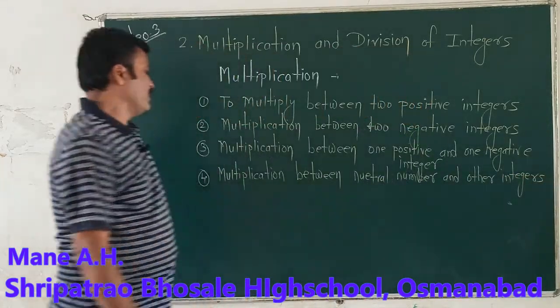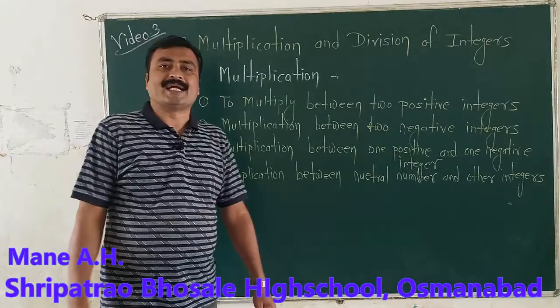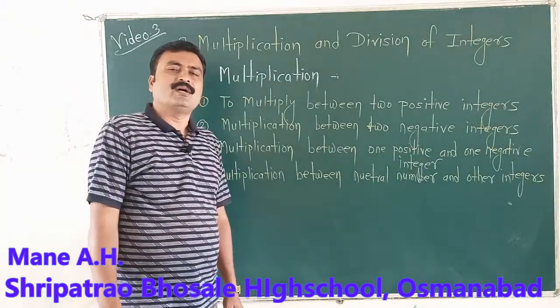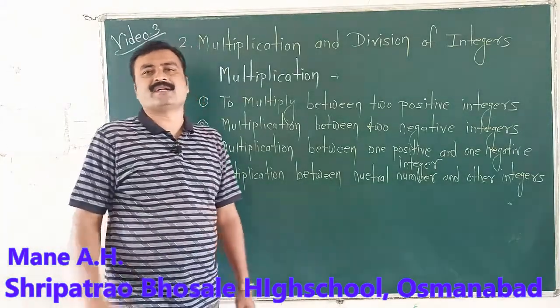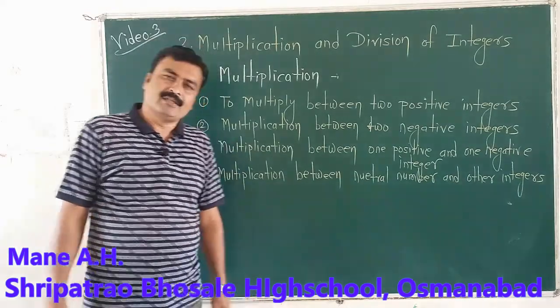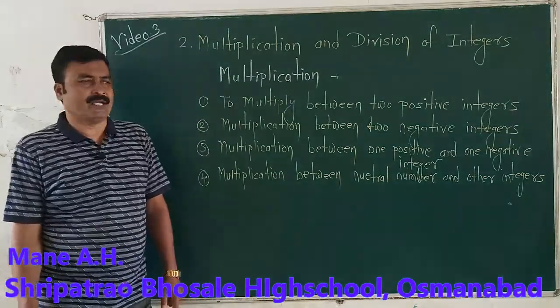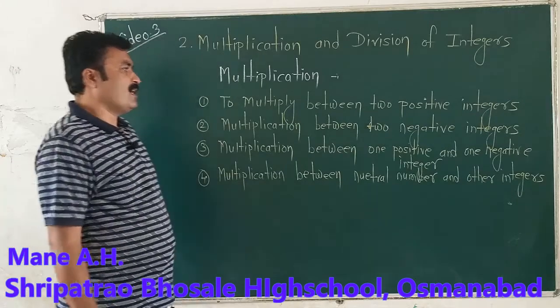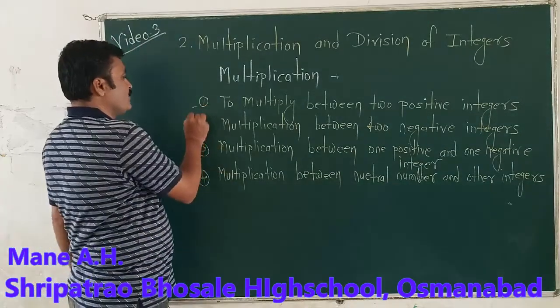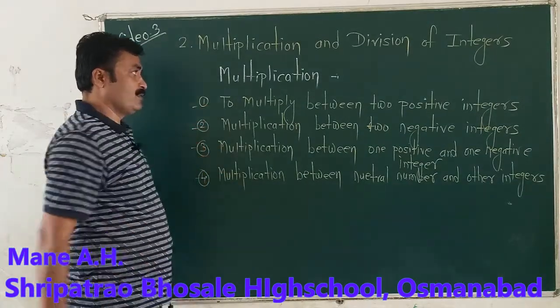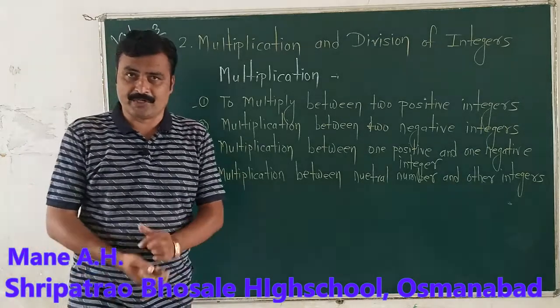Already you know about the neutral number, that is 0, and if you take other integers, that is positive and negative, then we also make multiplication there. So these are four different conditions for the multiplication operation.